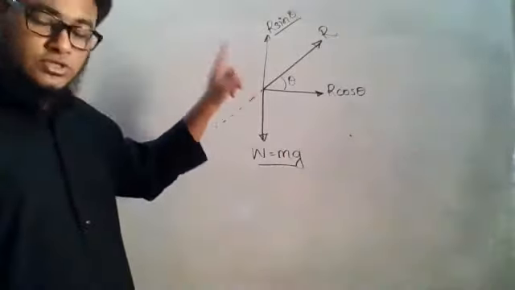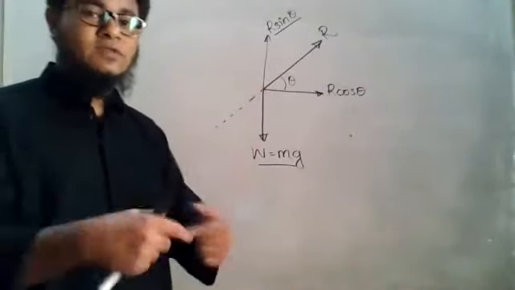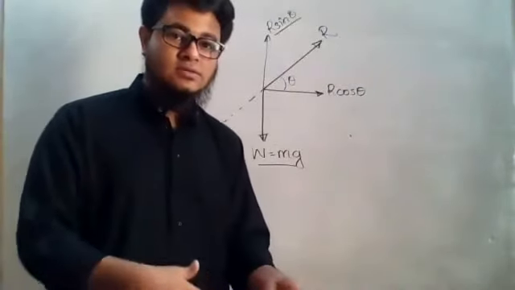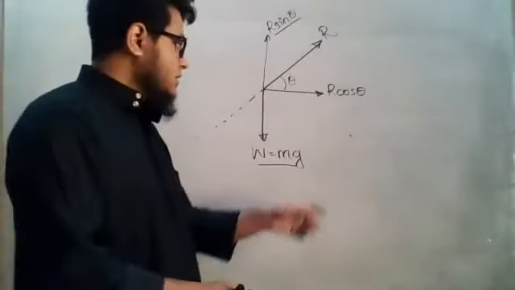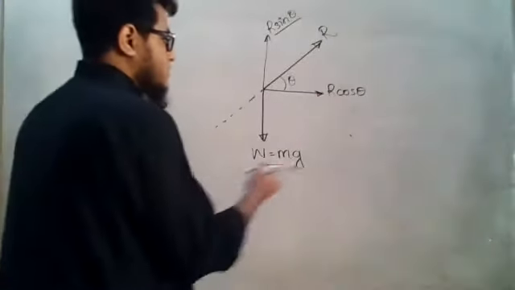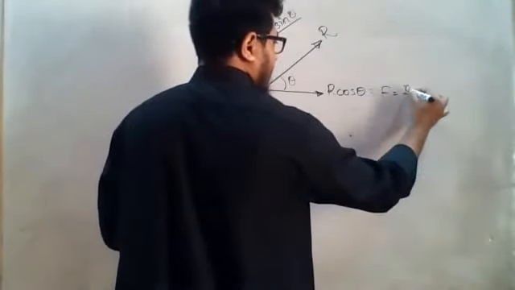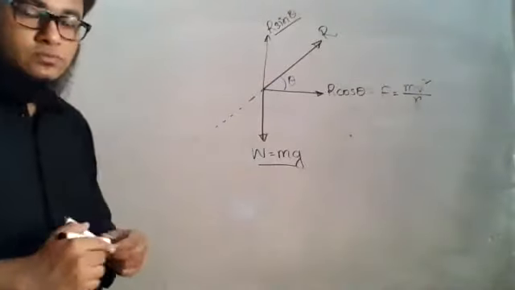Out of these two, one is being used to balance the weight, and the other one is serving the purpose of centripetal force. Do you understand why we have to incline towards the center? As this is the centripetal force, this will be equal to F, and equal to mv square by r. Anybody have any doubt?